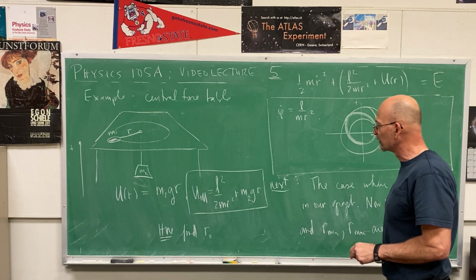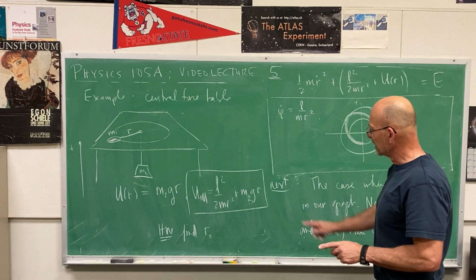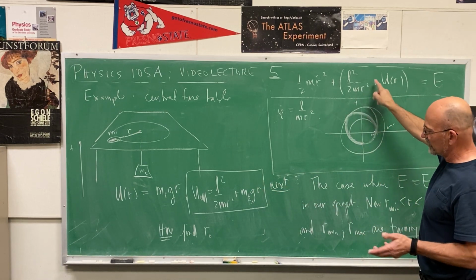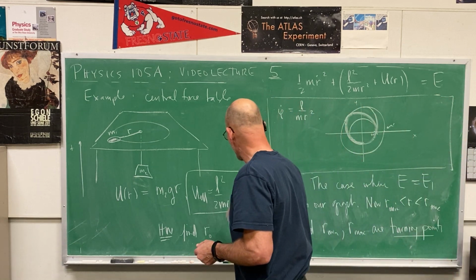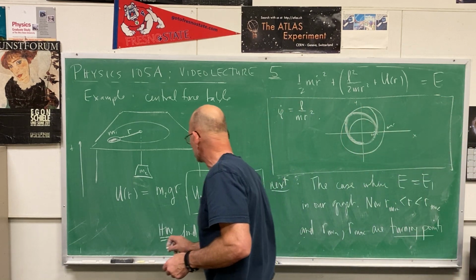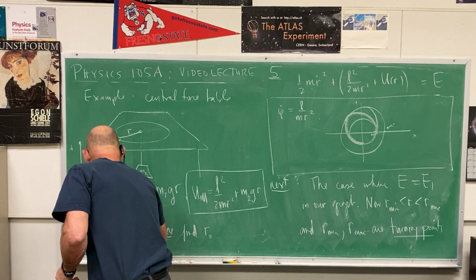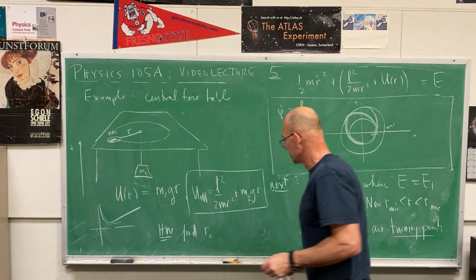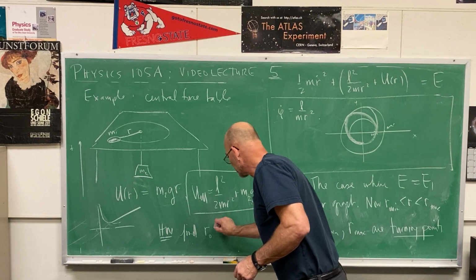In other words, find the circular orbits given this, and it'll be the minimal energy that solves this equation. You could also graph this thing, but I'll graph it for you. That's the potential. It's going to come in like this and then go up linearly. Good, so find R sub 0. We'll leave it at that.